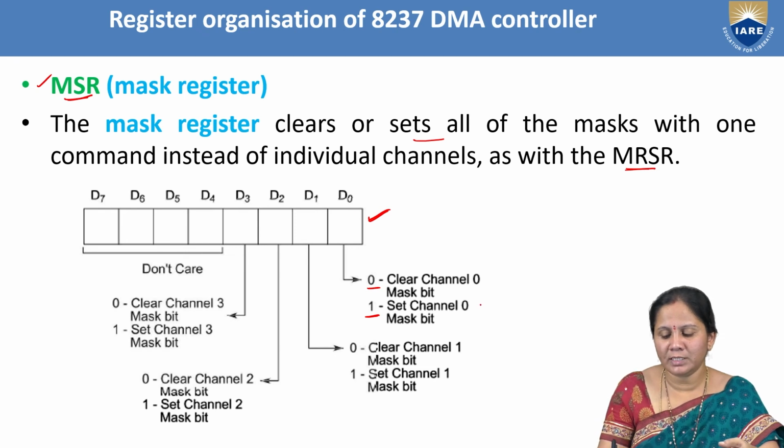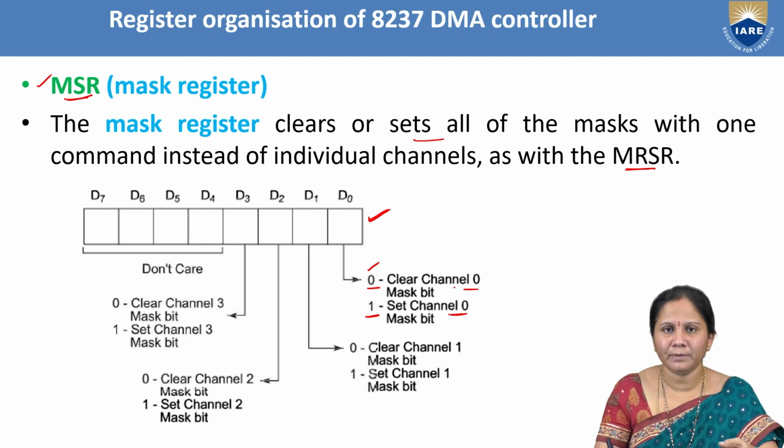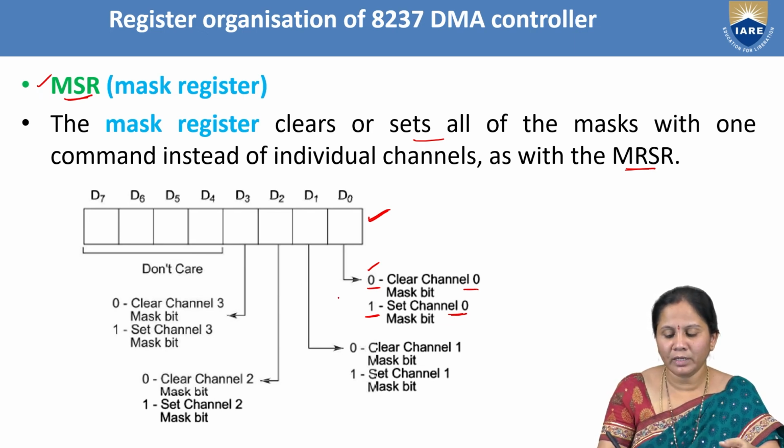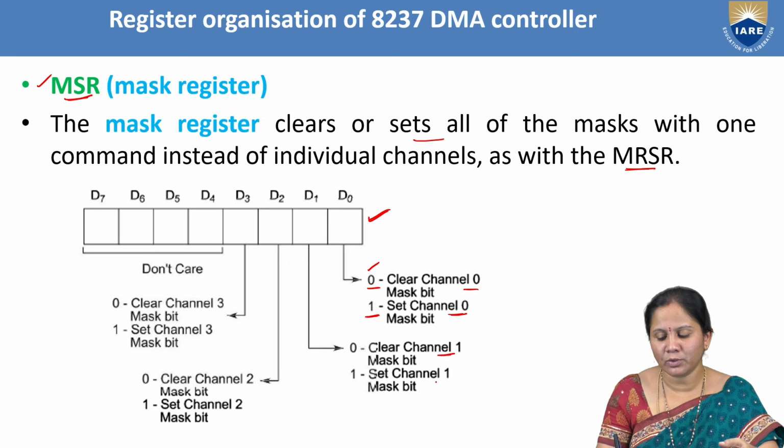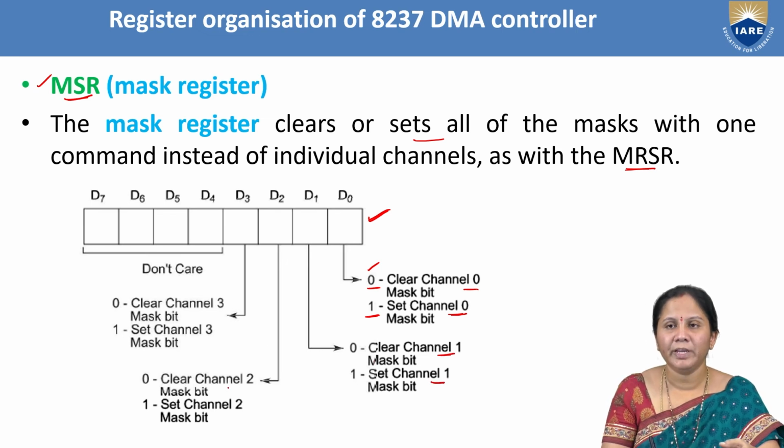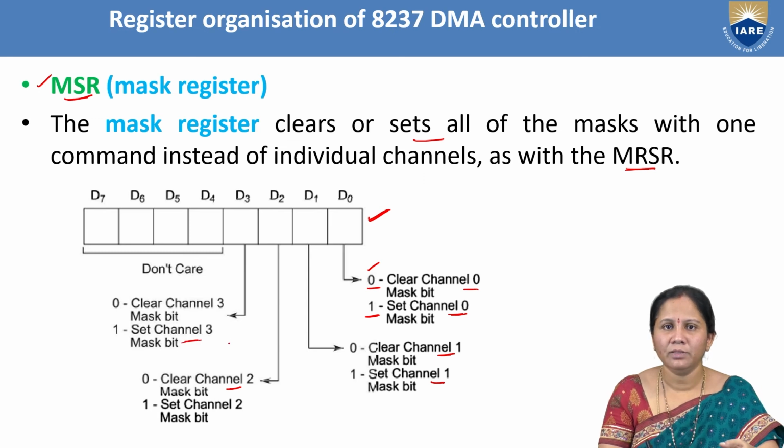So this D0 bit is related to channel 0. If it is set to 0, clear channel 0 mask bit. And if it is set to 1, set channel 0 mask bit. So similarly D1 is related to channel 1. D2 bit is related to channel 2 and D3 bit is related to channel 3.